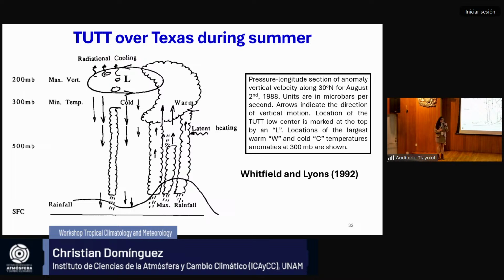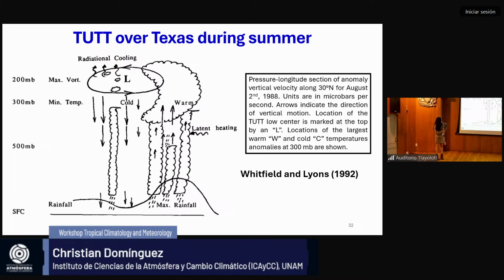But for me, it's surprising that the other environmental variables are not changing under this inverted trough. So I think we need to analyze more sophisticated variables that can integrate all the vertical movement, for example.